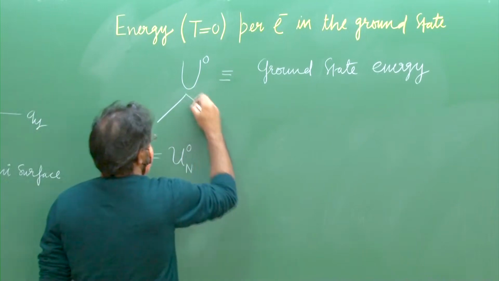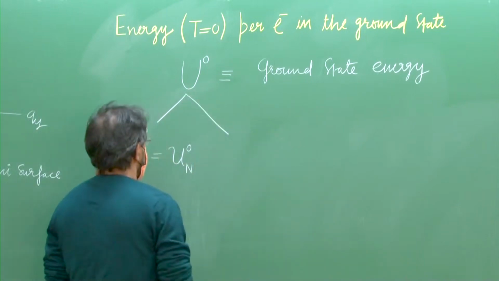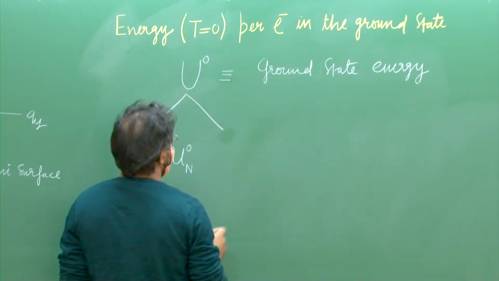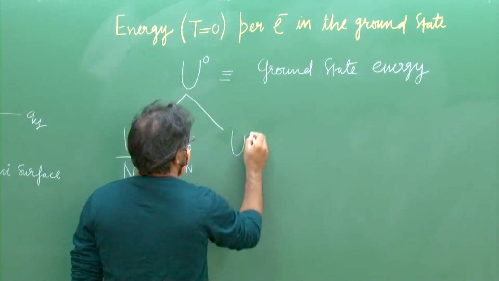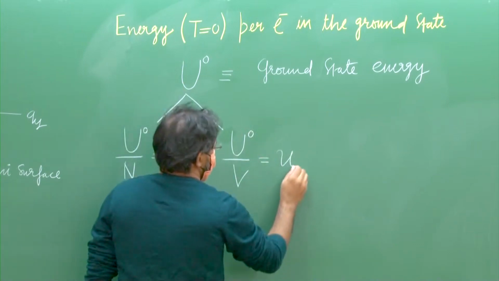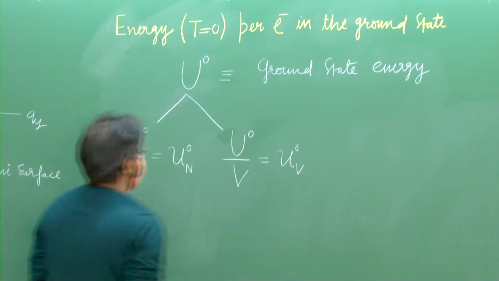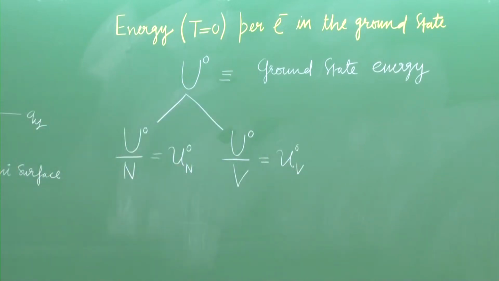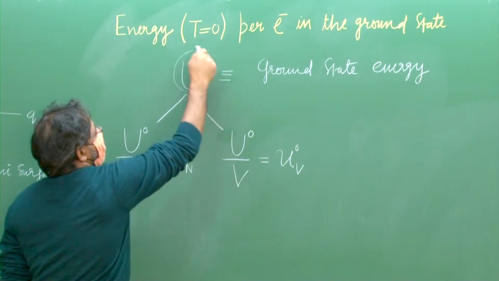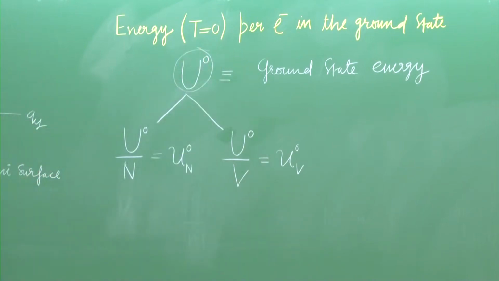And sometimes it is useful, or in exams you are asked to find the energy of the electron gas per unit volume, in which case it will be u naught by V, and we are going to use this notation u naught V. Okay. So, the main thing is to find u naught. Okay. How will you find that?